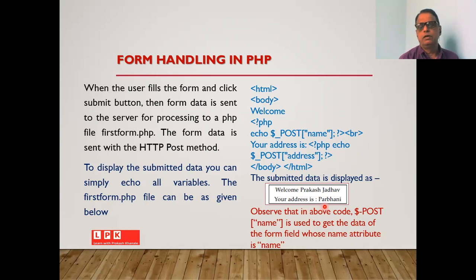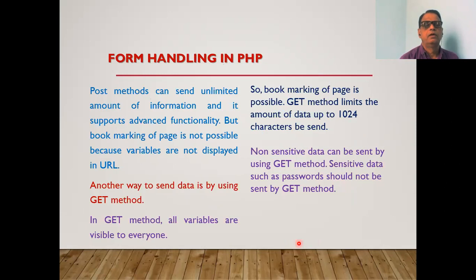So one can observe here that we have made use of the post to get the data of the form field whose name attribute is name. So this statement is used to get the data of which the name attribute is name. The post method is used in order to send an unlimited amount of information.